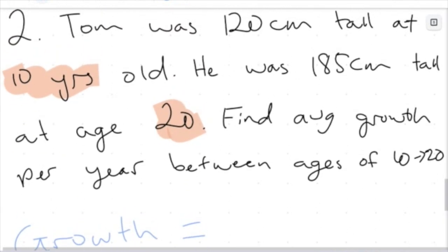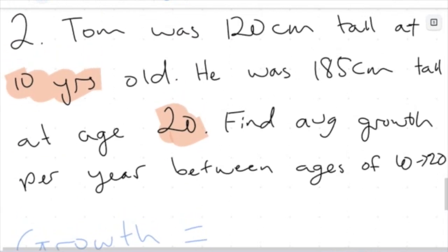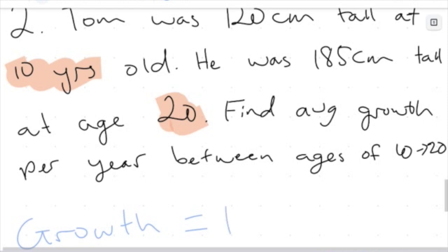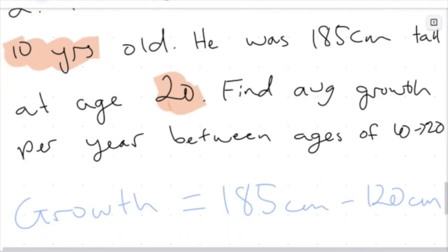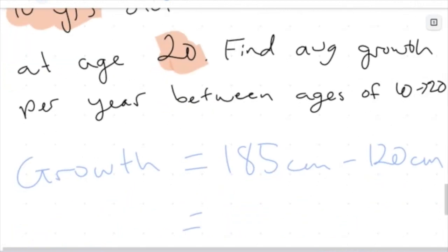So growing from 120 to 185, we can find how much he grew by taking the difference between these, by going 185 centimeters minus 120 centimeters. And by doing this, we find that he grew a total length of 65 centimeters.